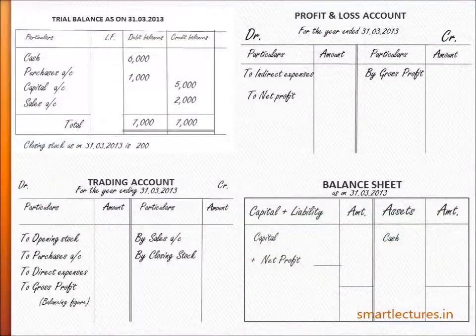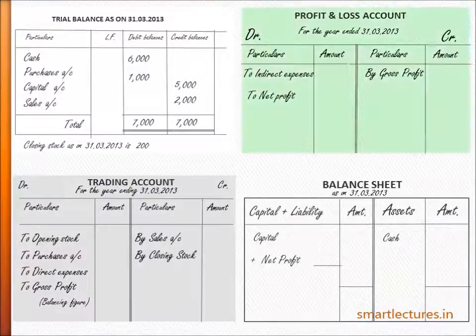So trial balance is ready for you. You have to prepare trading account, profit and loss account and balance sheet. First of all, trading account. Your format is already ready. On debit side, to opening stock, then to purchases, then to direct expenses, then to gross profit. On credit side, by sales and by closing stock. Be careful.